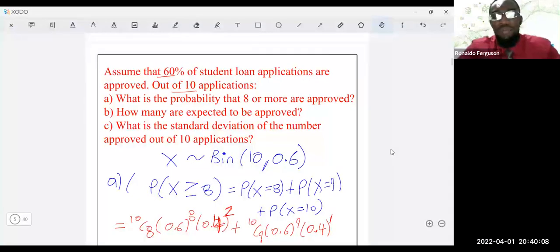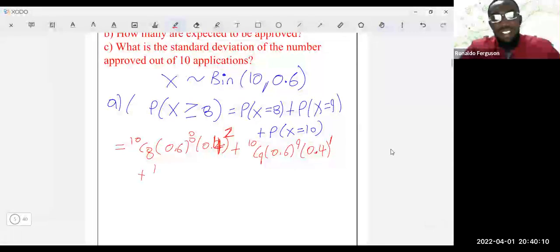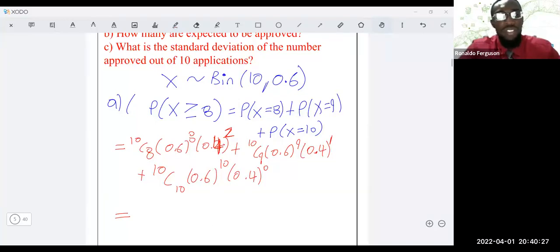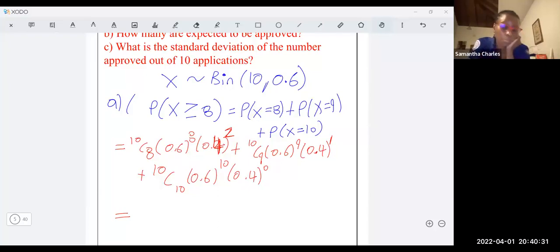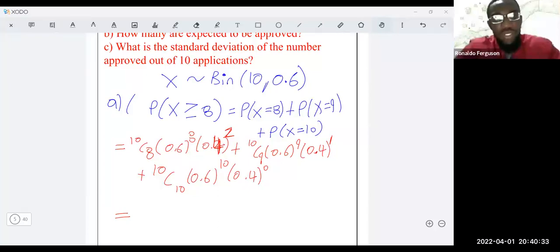And finally, plus 10 choose 10 times 0.6 to the 10 times 0.4 to the 0. We'll put that in our calculator. You can put them in piece by piece. I usually just put all of them in one time, because my calculator can, but for yours, you do it however you can.